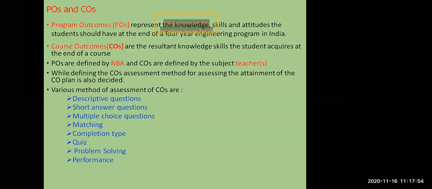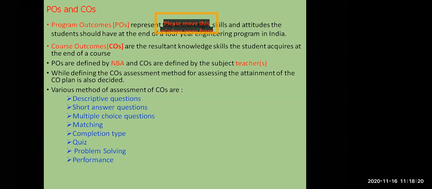Course outcomes are the resultant knowledge and skills the student acquires at the end of the course. POs are defined by NBA, as I said, and COs are defined by the subject teachers. While defining COs, assessment methods for assessing the attainment of the CO are also decided.